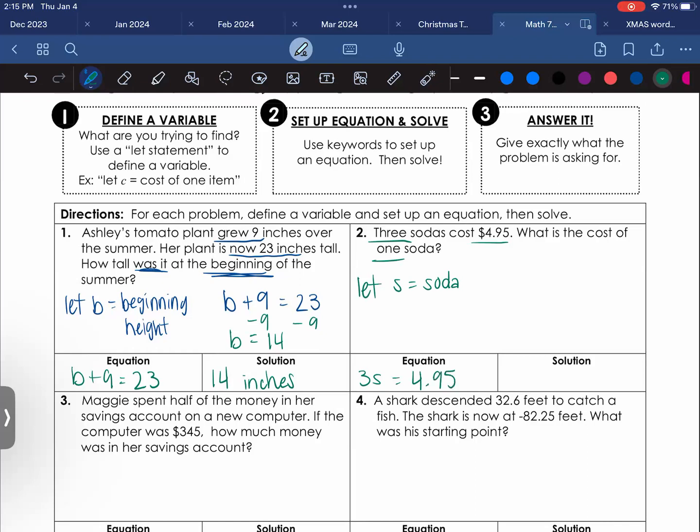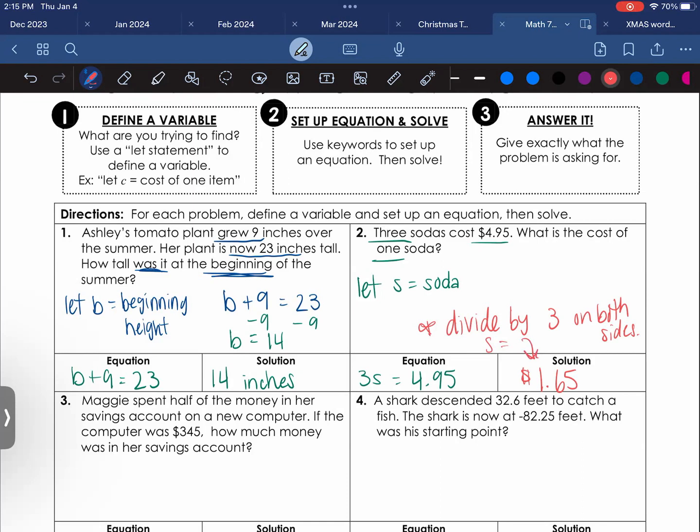And there's my equation. Now my solution, remember, we would divide by 3 on both sides. If I divide by 3 on both sides, I would end up with $1.65, which is my solution. So I ended up getting S equals that, and that's my solution.